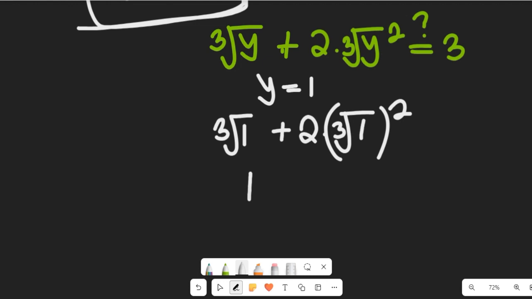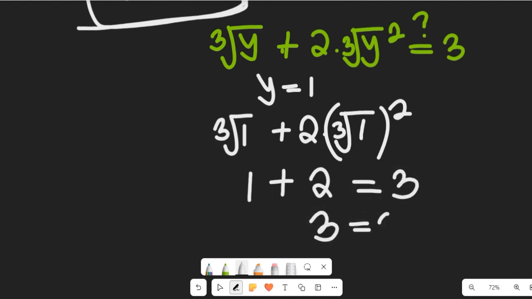So this is going to give us 1 plus 2 times 1, which is equal to 2. Is it equal to 3? Yes. So from here you see that 3 is equal to 3. We proved that y equal to 1 is a solution.